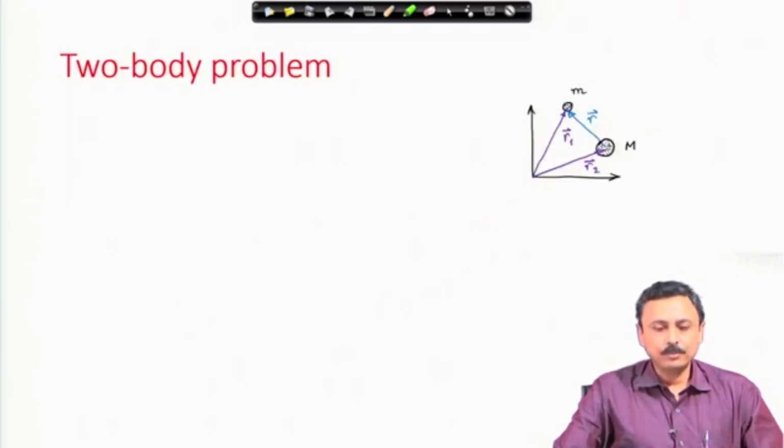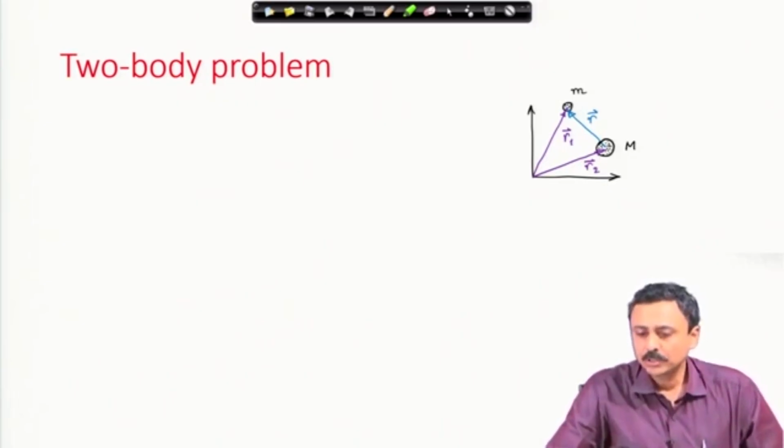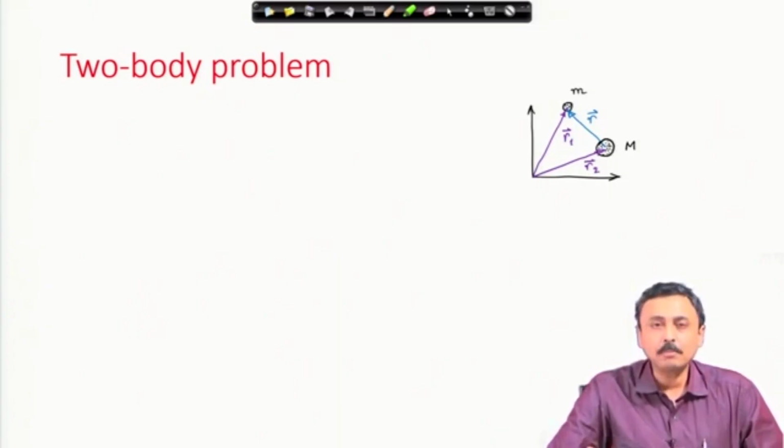We start with this two body problem. Consider this figure where I have shown two point masses, one capital M which is larger and small m which is smaller mass. The position vectors in some inertial frame of reference are indicated by r1 vector and r2 vector for the small m and the capital M, and r vector is from capital M to small m.